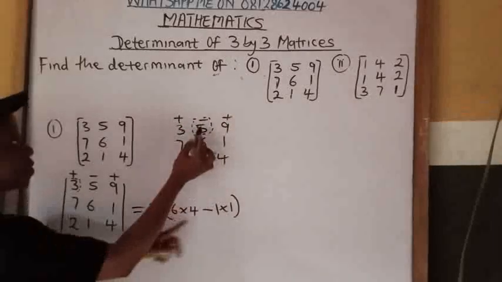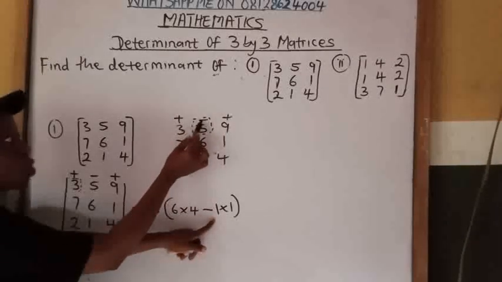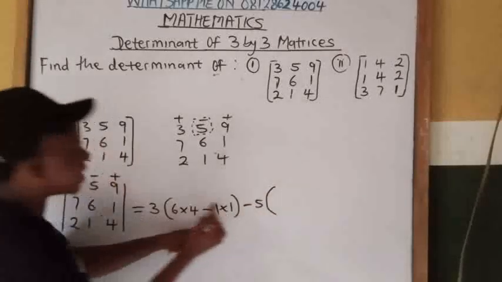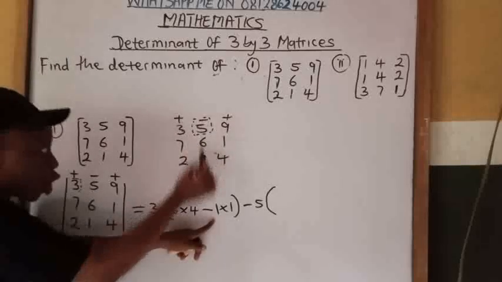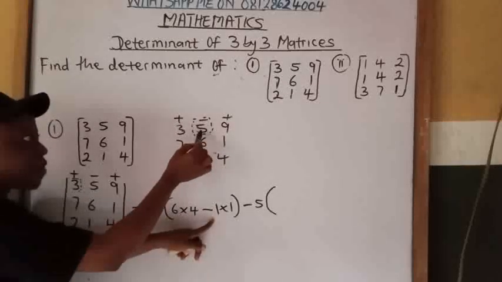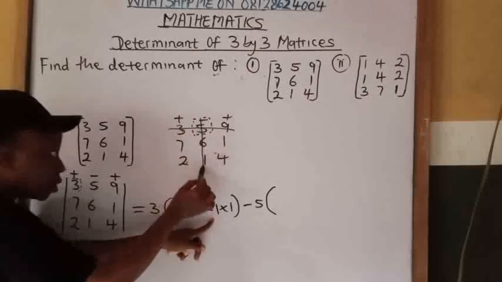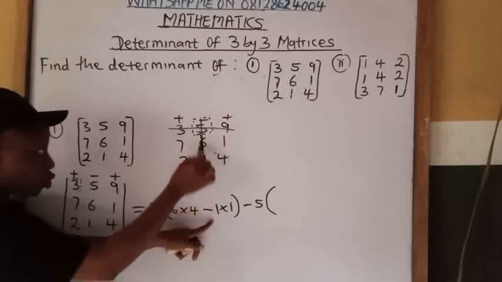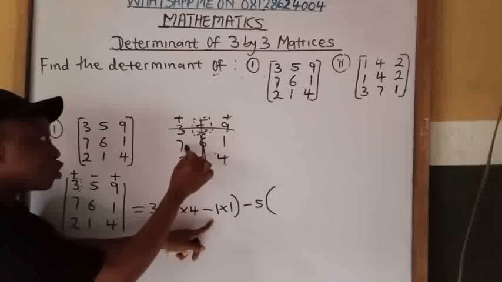That is minus 5, because it goes with this sign. So you say minus 5, then into brackets. You rule out the row and the column in which this element 5 appears. You'll be left with 7, 1, 2, 4. Then you cross multiply.